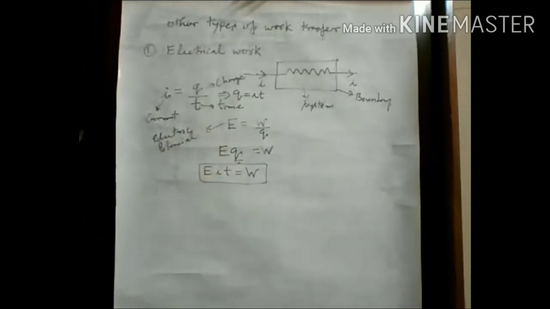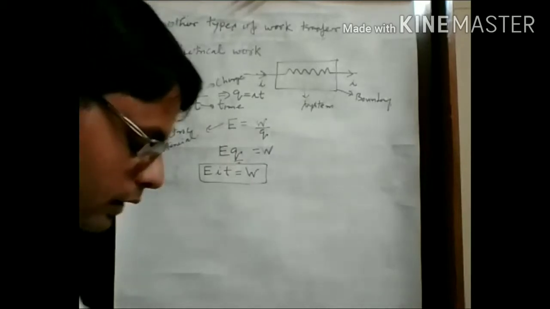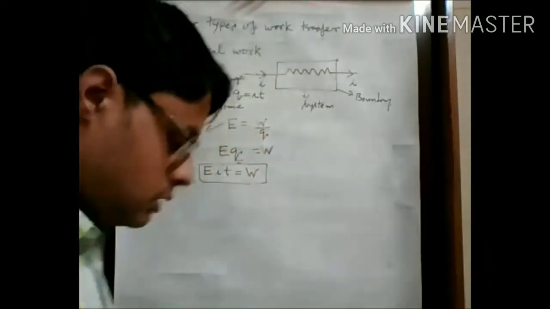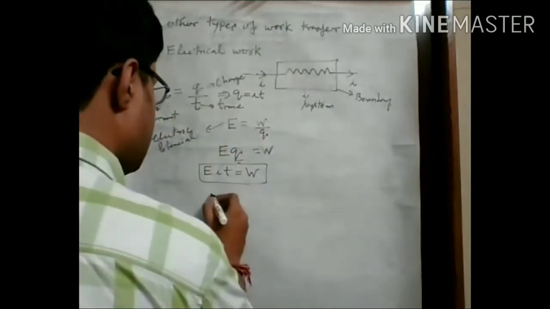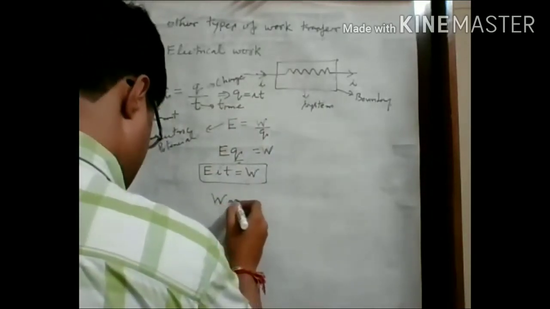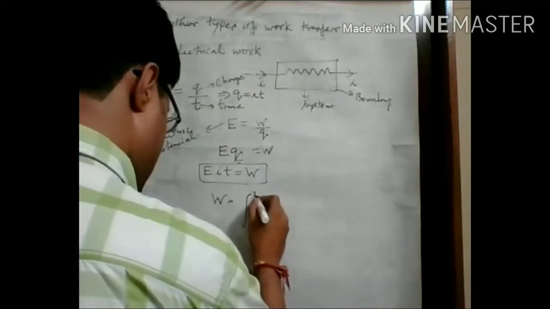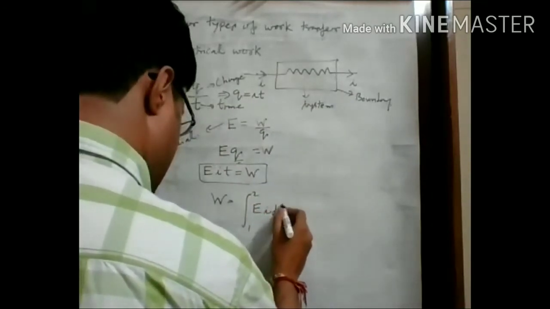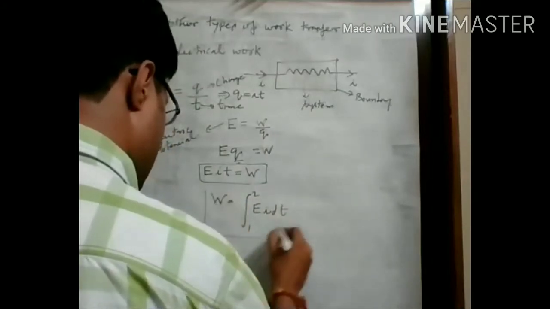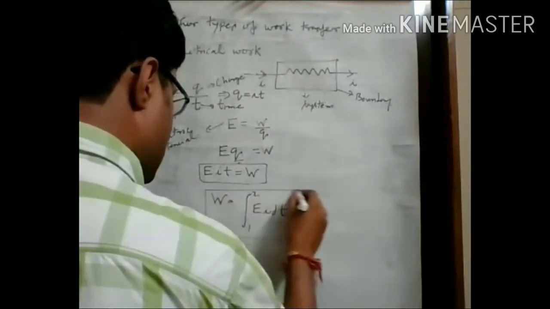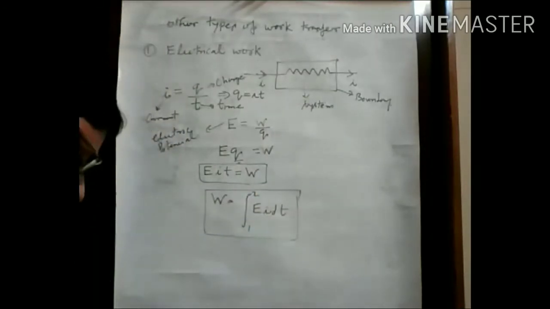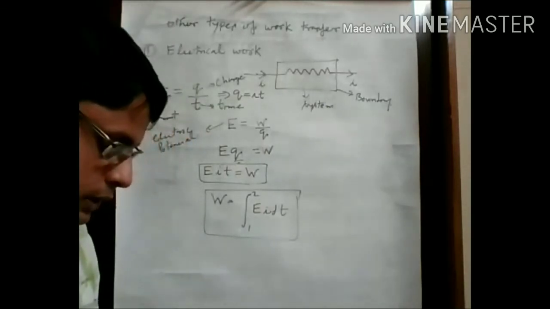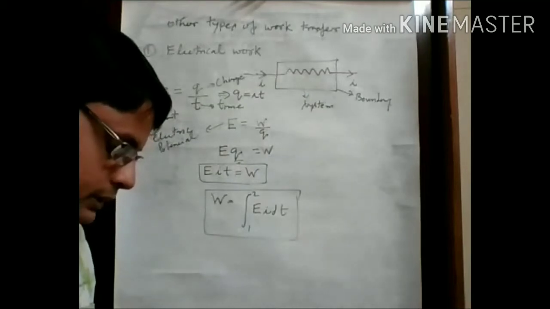Okay, so this is the expression. If you want to write this in terms of integration, then W equals integration from 1 to 2 of E I dt. So this is the expression for work done in an electric process.